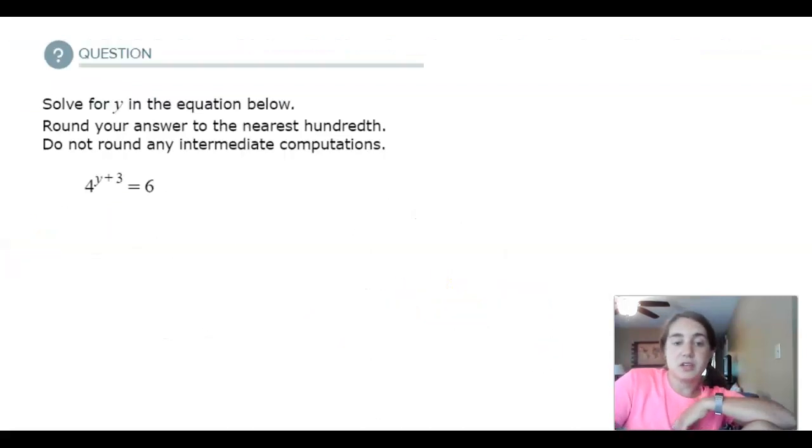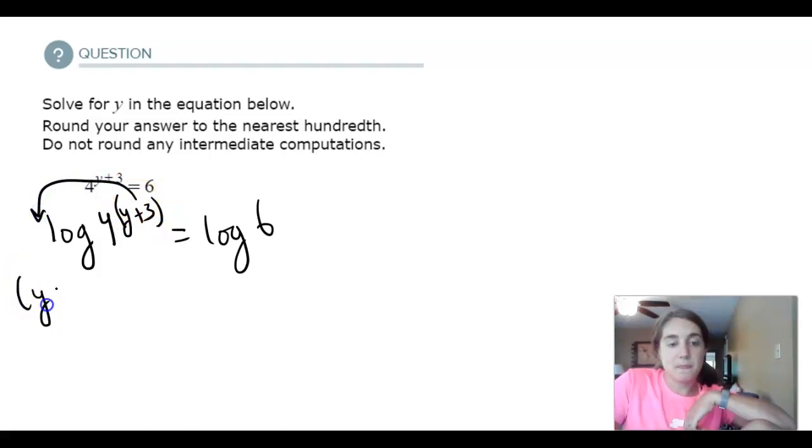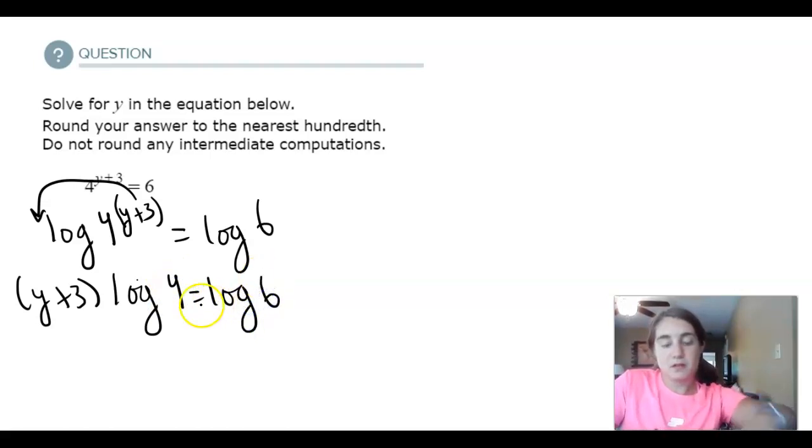We're going to try another one like this. 4 and 6, I cannot write with the same bases. My calculator can take log base 10, so I'd take log base 10 of both sides. I'd apply the power rule. Divide both sides by log 4.